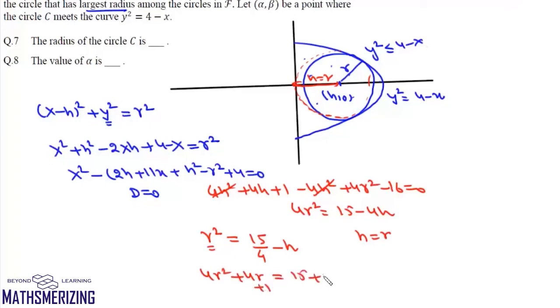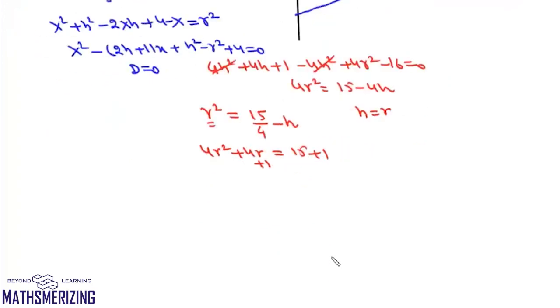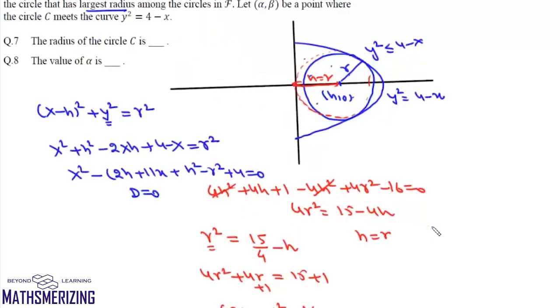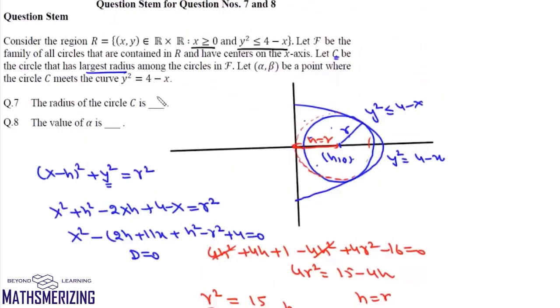Now we'll add 1. So we'll get (2r plus 1) whole square equals 16, or 2r plus 1 equals 4. The value of r is 3 by 2. So the radius of the largest circle will be simply 3 by 2. So the answer to this first part is 3 by 2.